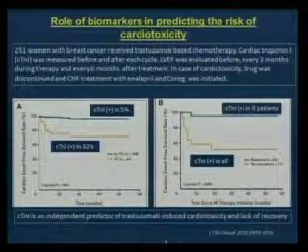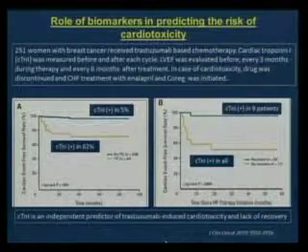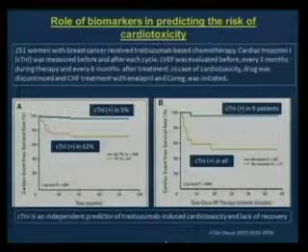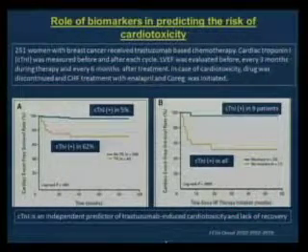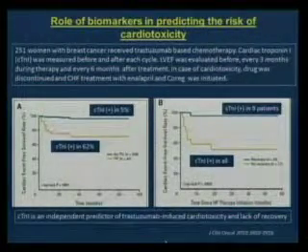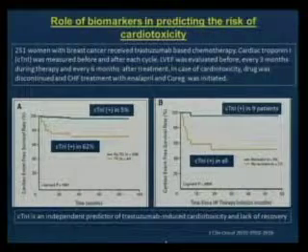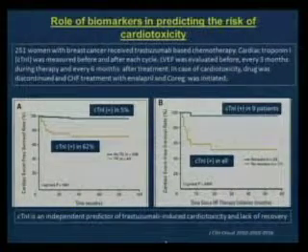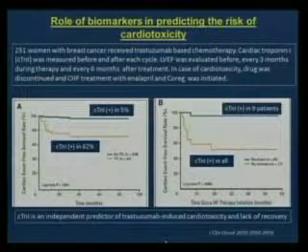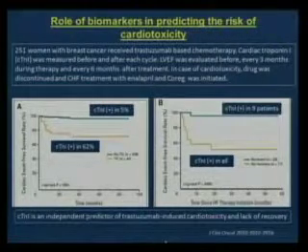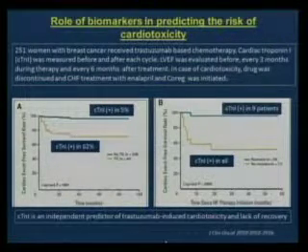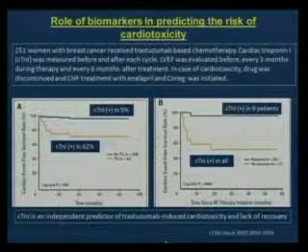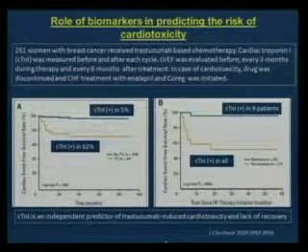So what did they find? Out of 251 patients, 209 patients did not have Trastuzumab-induced cardiotoxicity. But among those patients, 5% had positive troponin. So you can still have it, but most likely you're going to have no toxicity if your troponin is negative.